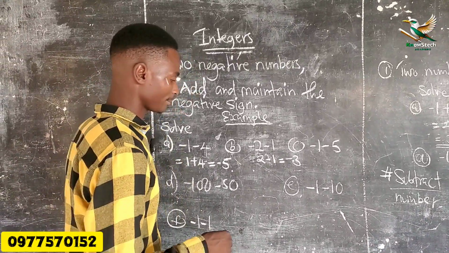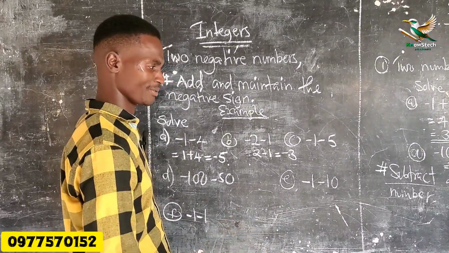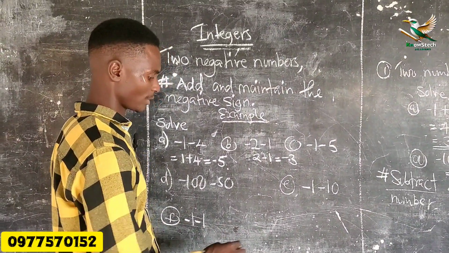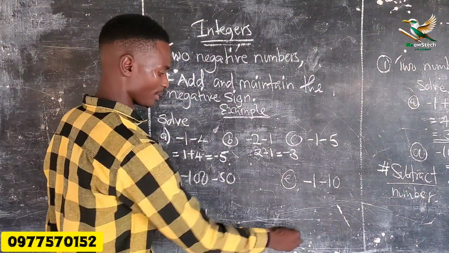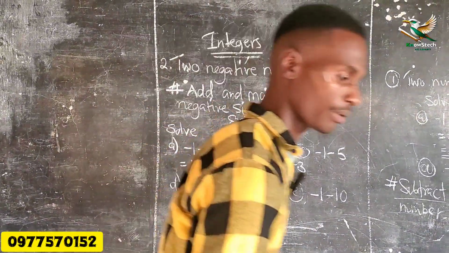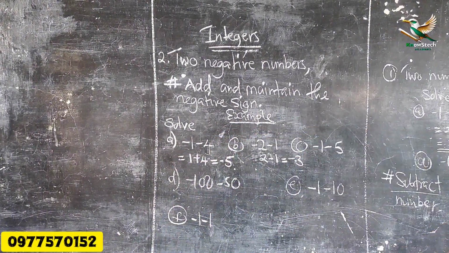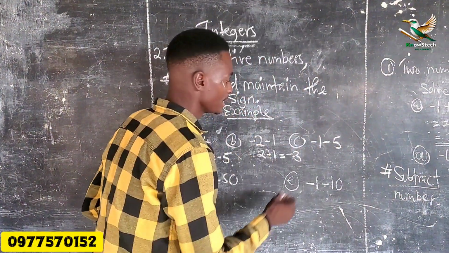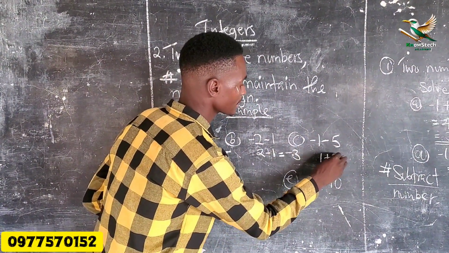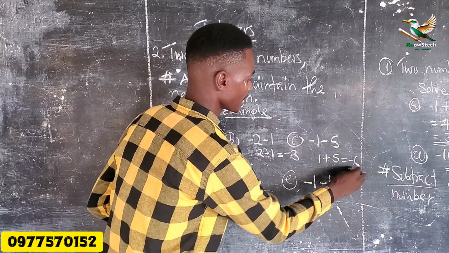Let's go to C. We do the same here. I'm sure you've now known the pattern. We don't want to be using the number line from here up to here. No, we are big people. So let's do the needful. So the needful is 1 plus 5, which is negative 6.